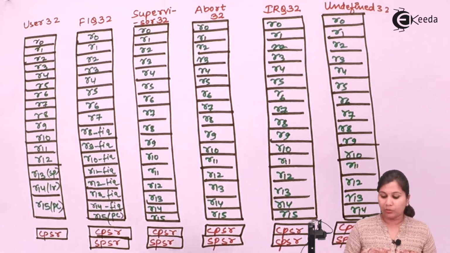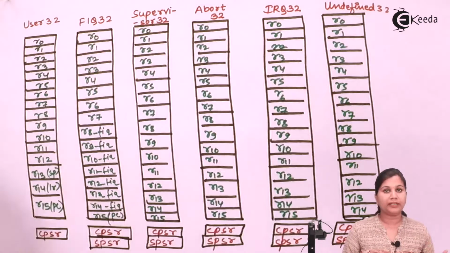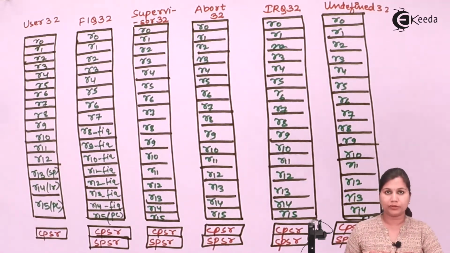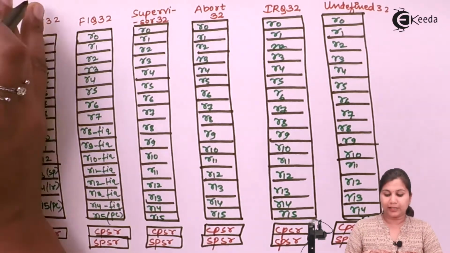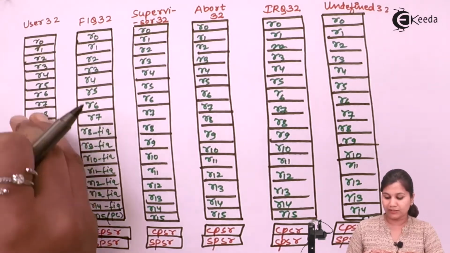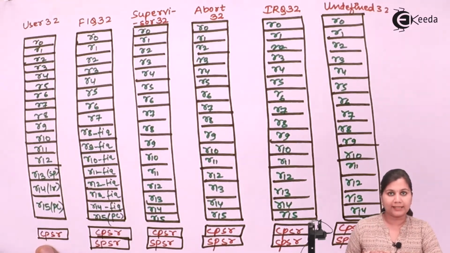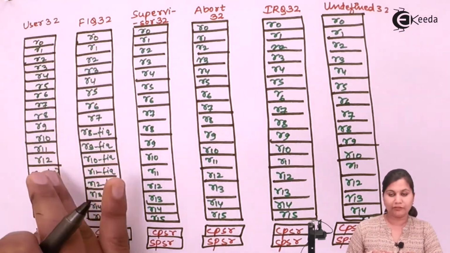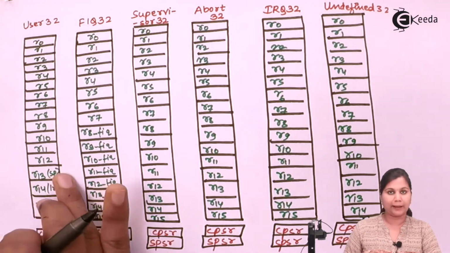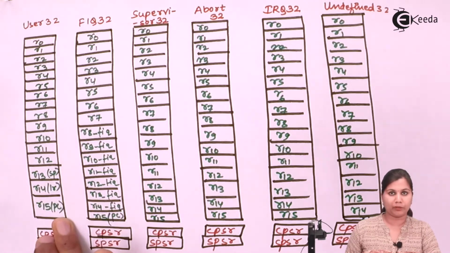Now the function of these registers will depend on the current mode of the processor. Suppose that the current mode is user 32. In that mode the function of these registers is defined as shown here: R0 to R12 will be general registers, and R13, R14, R15 will be the stack pointer, link register, and program counter.